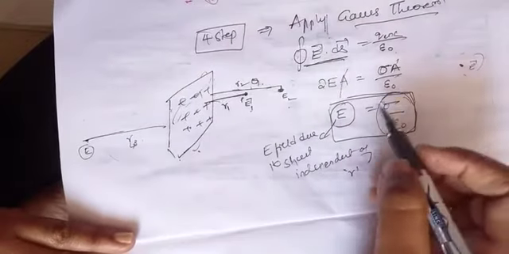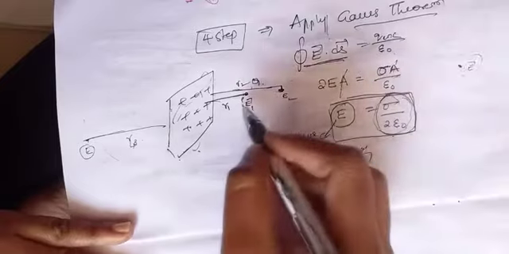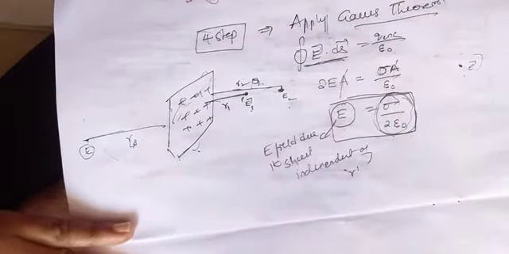Why? Because the electric field due to the sheet is independent of R. So that's why the electric field at every point is the same.